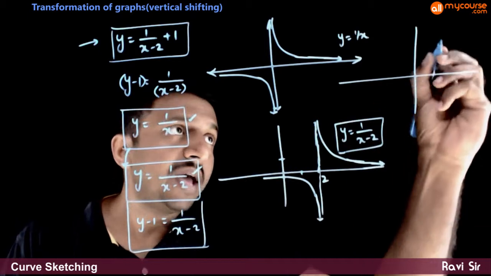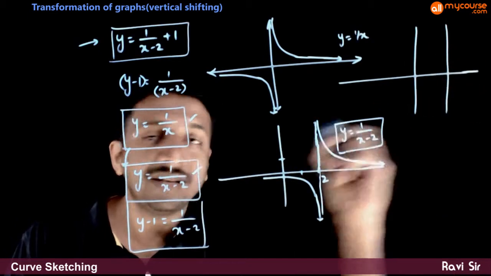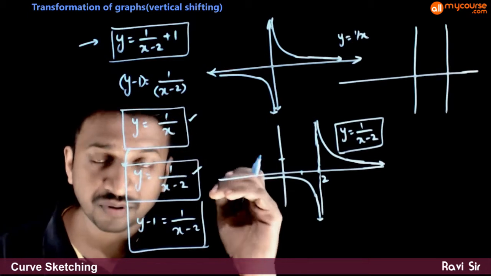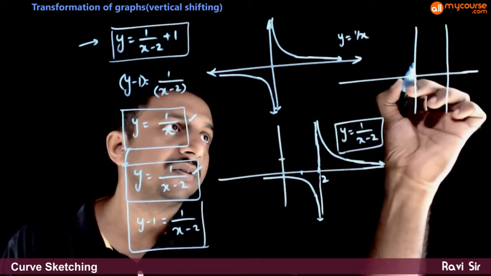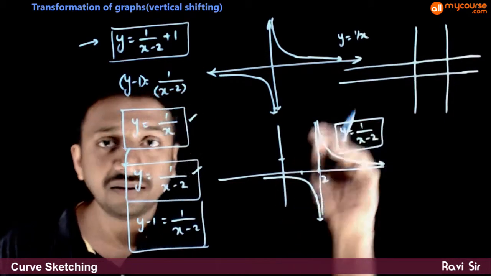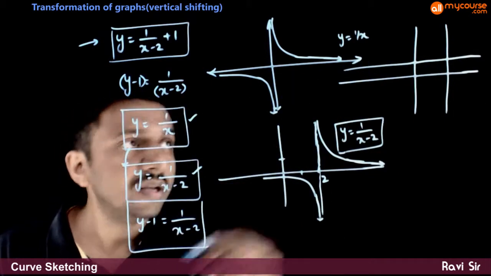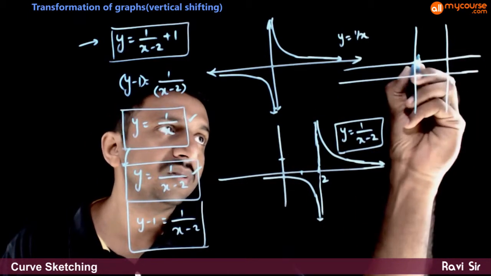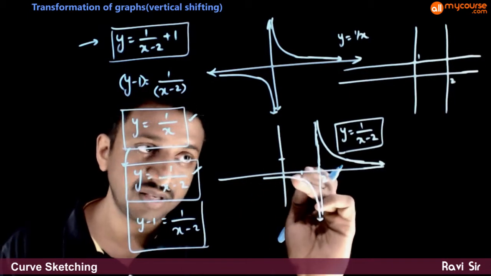The x-axis, which is the asymptote now, will move 1 unit upwards. So you'll have a horizontal asymptote at y is equal to 1. So the graph shifts 1 unit upwards.